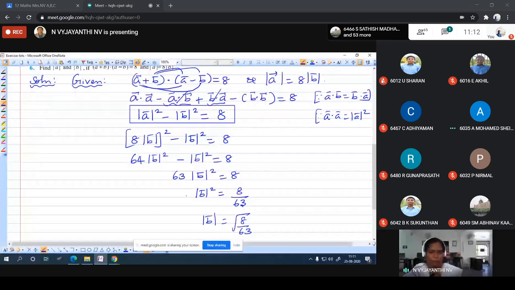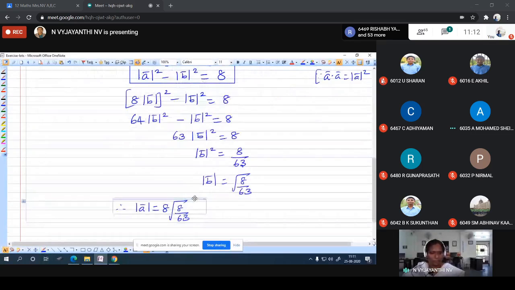Sixteen root 2 by. So they have simplified this. So is there any possibility of simplifying? No, isn't it?